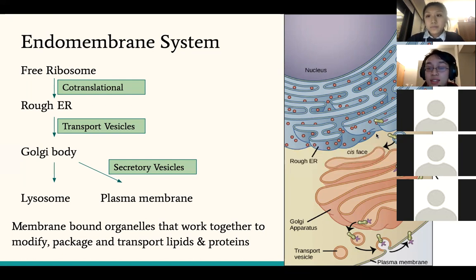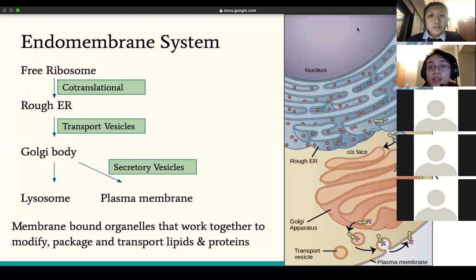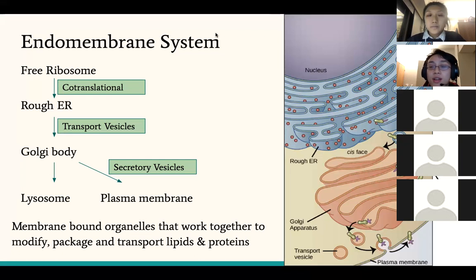Then the Golgi body has its own budding system, and it will either go into the lysosome, another organelle that buds off the Golgi body and has catalytic functions, or it can go into the plasma membrane. When those secretory vesicles fuse with the plasma membrane, their insides will be secreted outside of the cell. So the endomembrane system is really just a way for the cell to create proteins, modify them, and help them be secreted later.